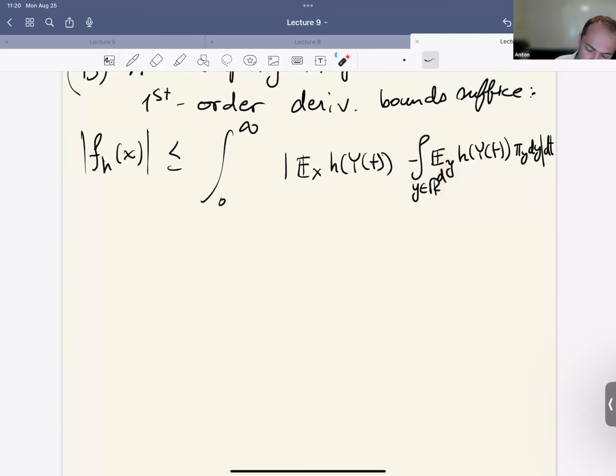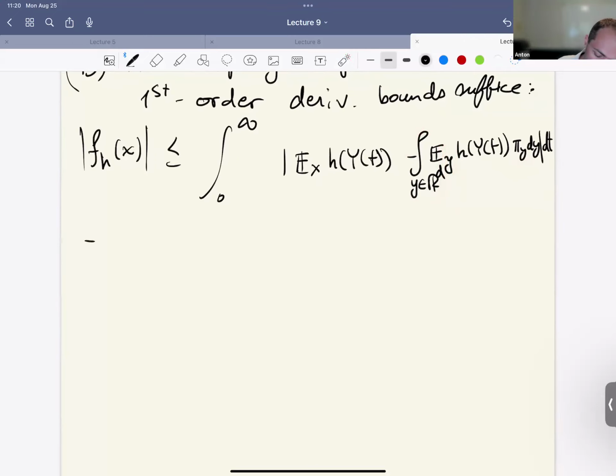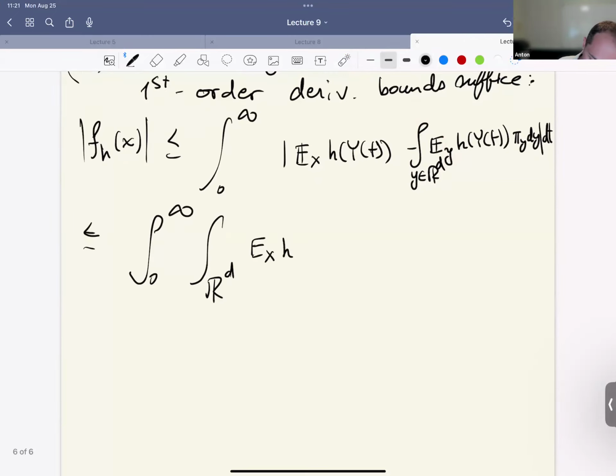This thing integrates to 1. And so I'm going to use the Fubini-Tonelli result to interchange my two integrals. I have expected value of x, h of y of t minus expected value y, h of y of t.